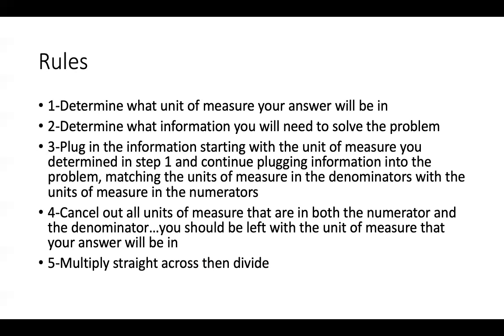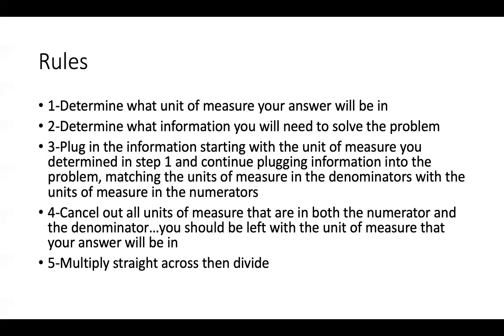So rule one is always going to be to determine what unit of measure your answer will be in. And that's usually the last sentence or the second to last sentence of the problem. And usually it's phrased like, how many tablets will you give per dose? How many milliliters will you administer per day? How many milligrams of this medication will you administer? So your first step is going to be to determine what that unit of measure is going to be.